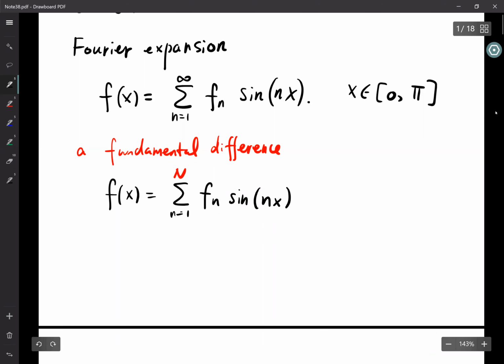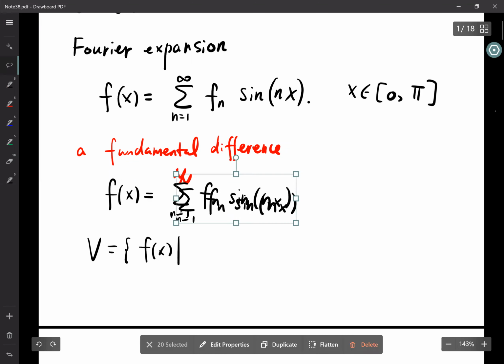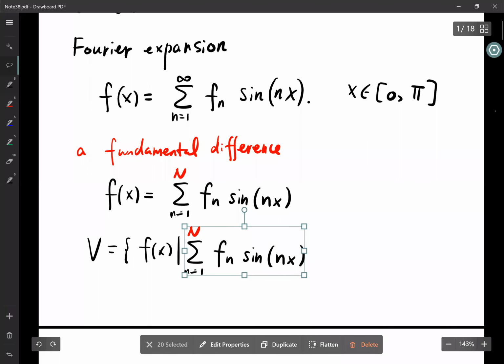Viewed from linear algebra, if we form a vector space V given by all the functions f(x) that can be expanded like this, where f_n is in R.